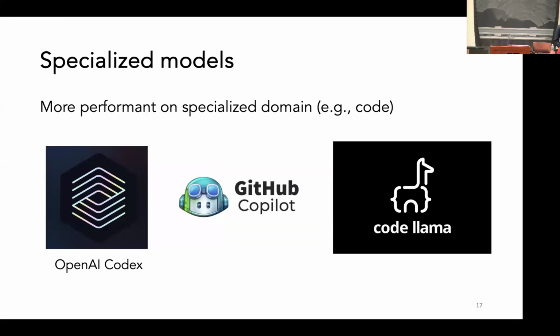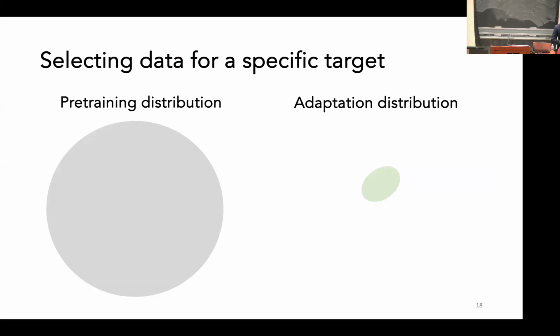The next setting is in training specialized models, which are more performant on a particular domain like code. Some examples are the OpenAI Codex model, which is a specialized version of GPT-3 that's used to run the GitHub Copilot service, and also the Code Llama model, which is a specialized version of the public Llama model. We can view this setting as there being a particular adaptation distribution that we know about beforehand.